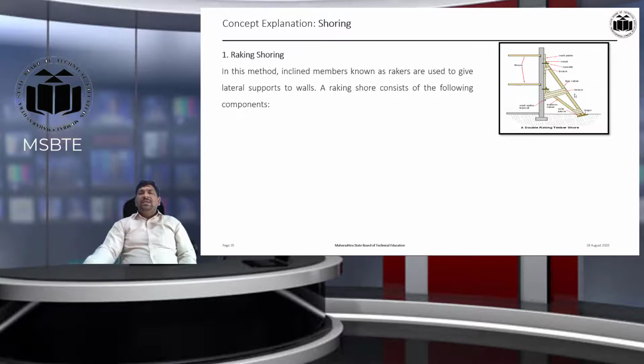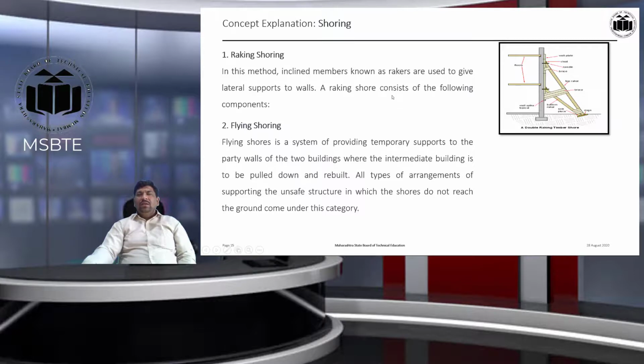A raking shore consists of the following components: wall plates, cleat, needle, brace, top raker, brace, dogs. All these component parts are there in raking shores, and it is provided to hold down the wall or any kind of material in its place.